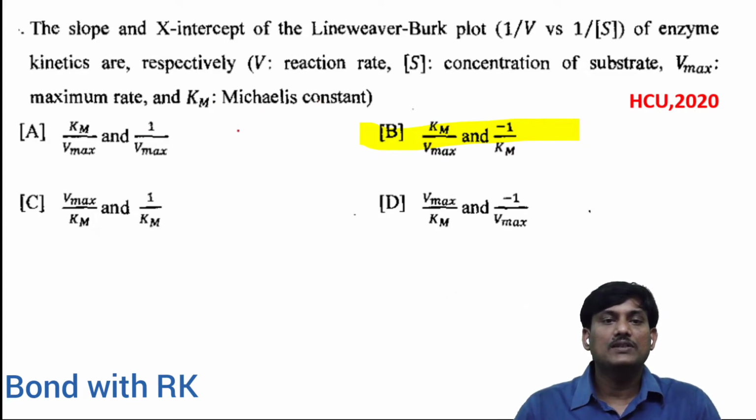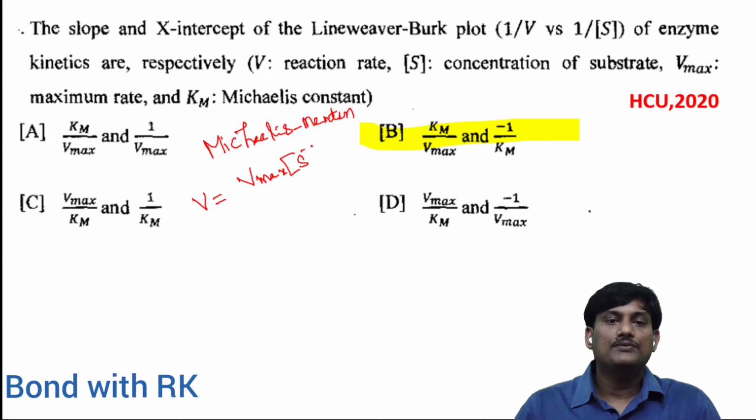We know the Michaelis-Menten equation. According to this equation, V is equal to V max into concentration of substrate divided by Michaelis-Menten constant plus concentration of S.